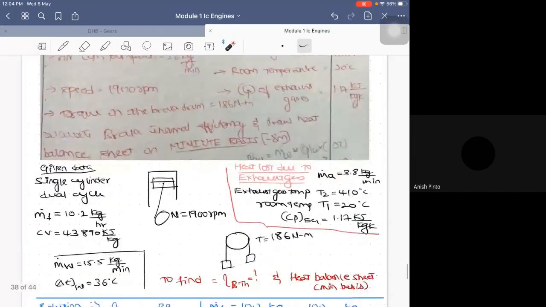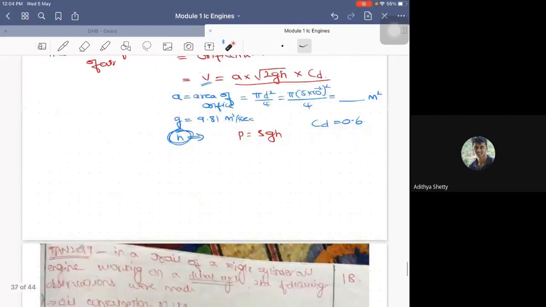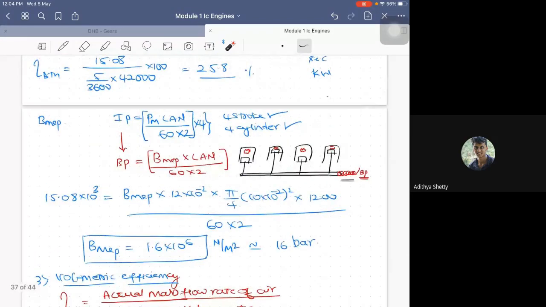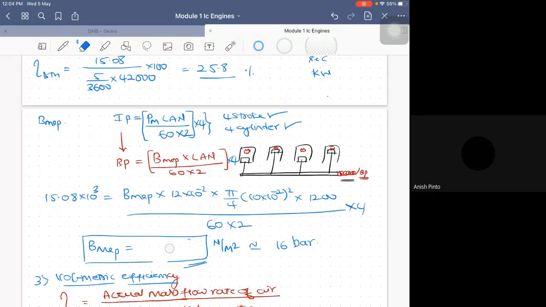Here you have to take it as into 4. Okay, this is into 4. I think the value would change now, right? Yeah. Okay, then this is a wrong value. So you have to take into 4 there.